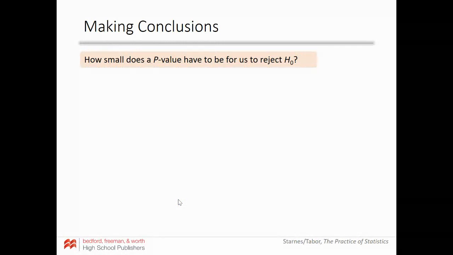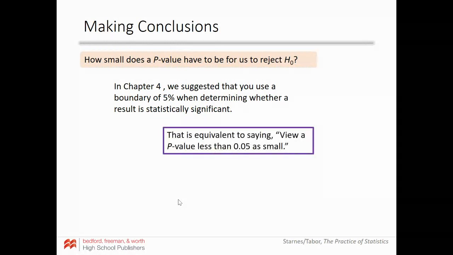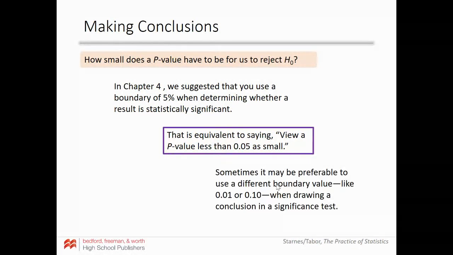So how small does the p-value have to be to reject H naught? Before, we used 5% as a statistically significant event. This is equivalent to saying a p-value of 0.05 or smaller. That's what we were using in chapter 4. Sometimes it may be useful to use 0.01 or 0.1, which would be a 1% or a 10% boundary.